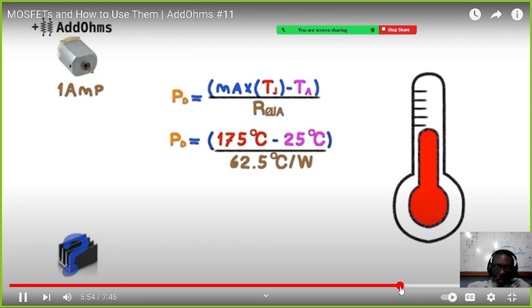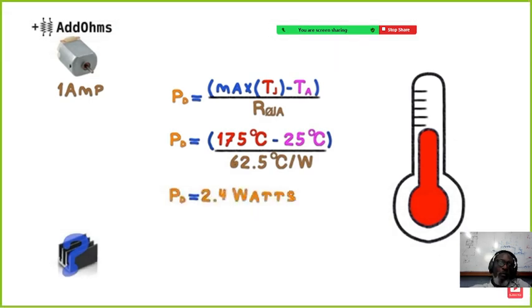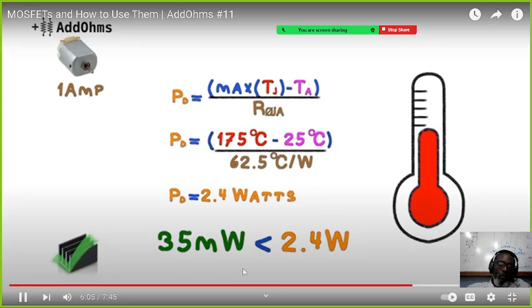Let me just go back quickly. Divide by the thermal resistance. This gives a maximum dissipation of 2.4 watts. In our example, we are only dissipating 35 milliwatts, so we're safe to operate without a heat sink.